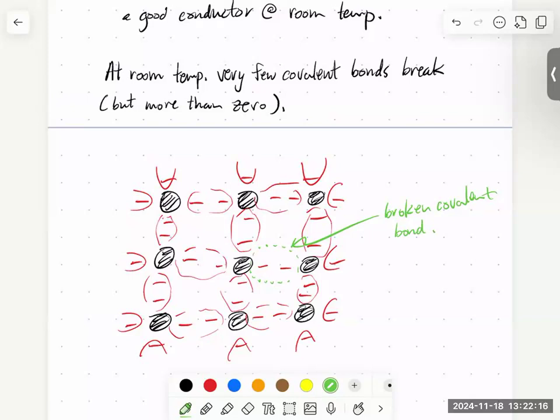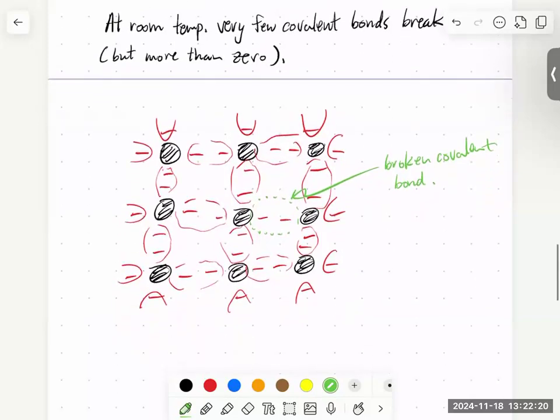And so it's able to conduct electricity. So we can take this one electron and it moves about the material. If we apply a voltage across it, there'll be an electric field inside the material, and there'll be a force on this electron, and it moves in the direction determined by that voltage difference, and it creates a current.